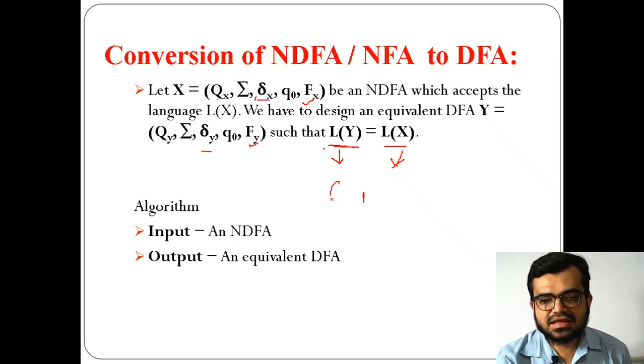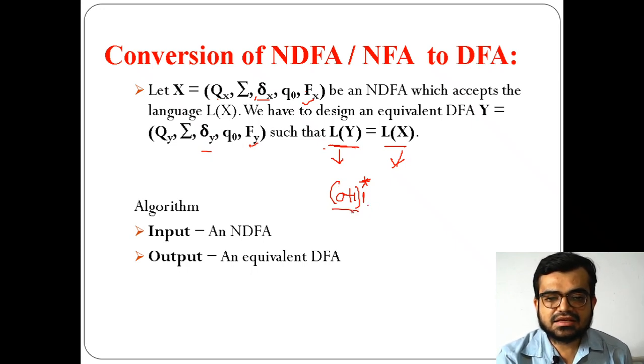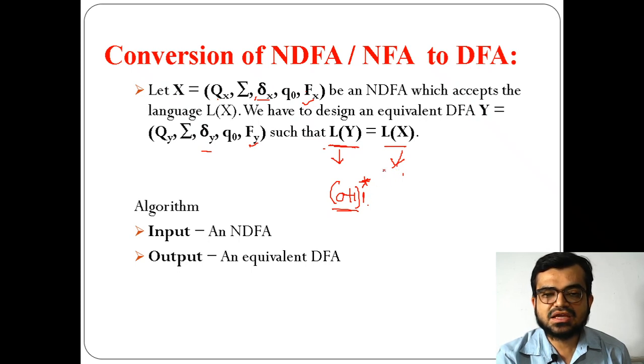Like here, 0 plus 1 closure 1, which means finally the string ends with 1 only. So the same language of the NFA should not change in the DFA. Of course the procedure or appearance looks different, but the meaning of the language should remain the same.